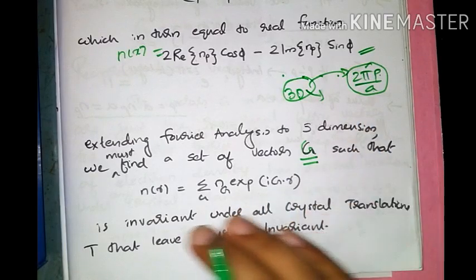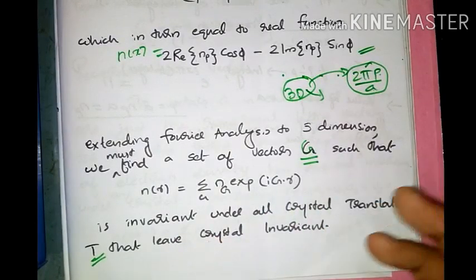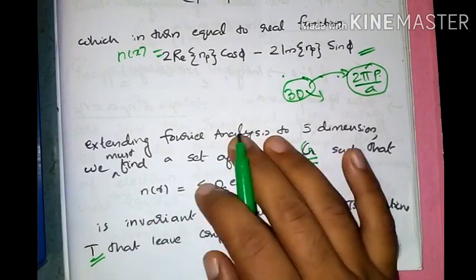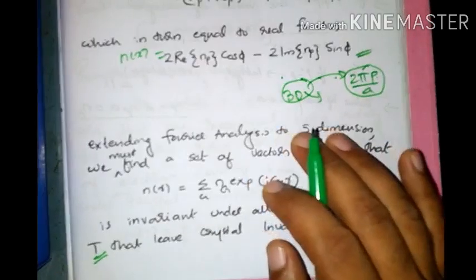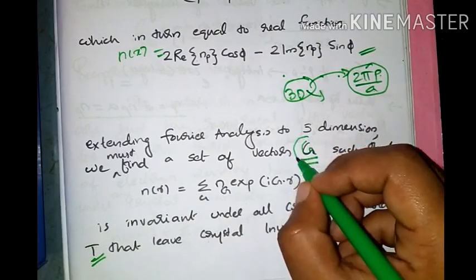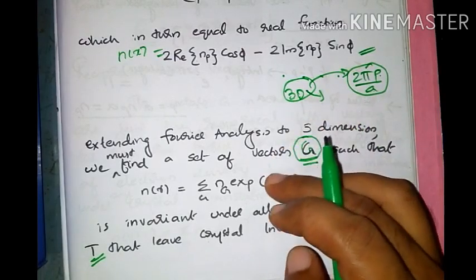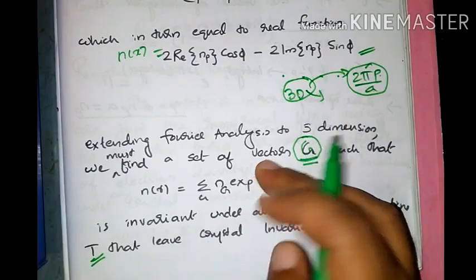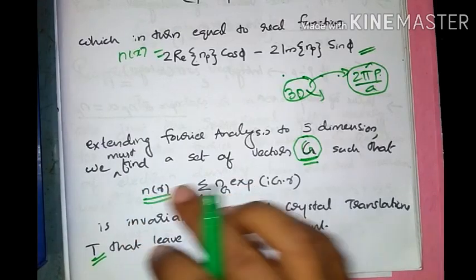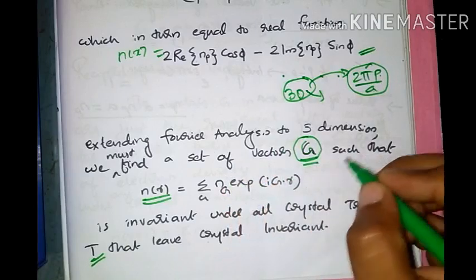So the invariance while applying a translation vector T must be satisfied when analyzing it in the reciprocal lattice, and in that reciprocal lattice we have G as the reciprocal lattice vector, and that tells us about the electron number density using a large number of frequencies.